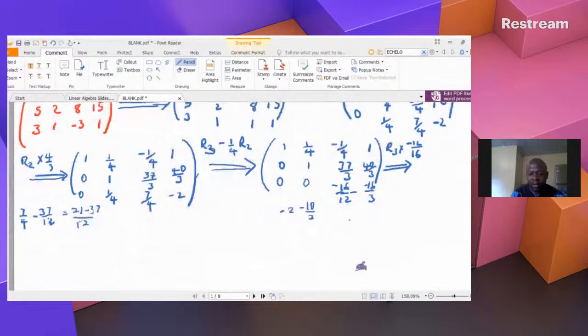Row 1, remember, is 1, a quarter, negative a quarter, 1. Row 2, remember, is 0, 1, 37 out of 3, and 40 out of 3.